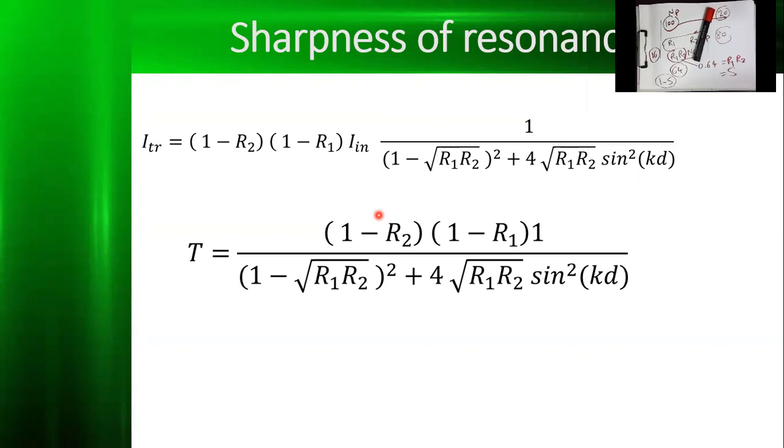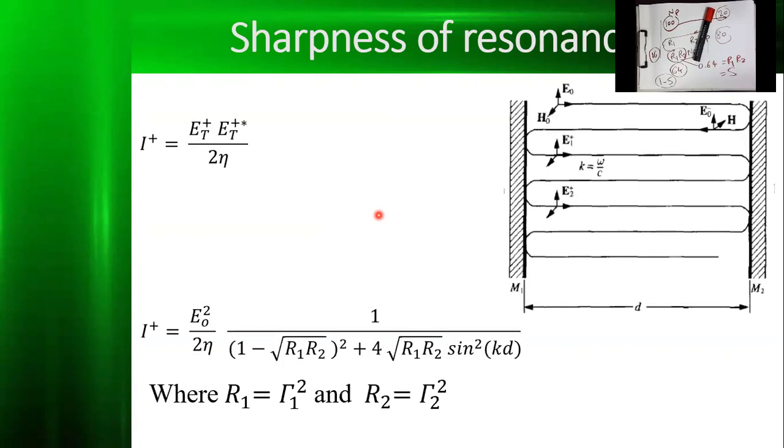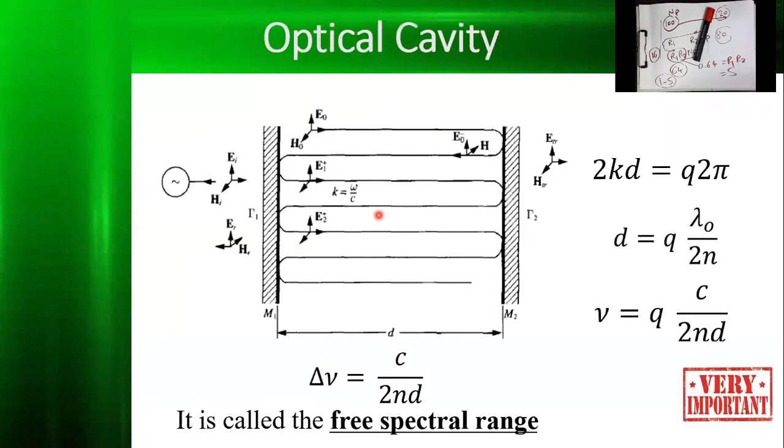But if you remember, my dear students, when we started the journey together, I told you that in order to make this life simple, I will assume that this medium, which is the medium inside the cavity between R1 and R2, is a lossless medium. I mean, whenever electromagnetic fields propagate inside this medium, only a phase change in the term of e power minus j k z is the only attributing parameter.